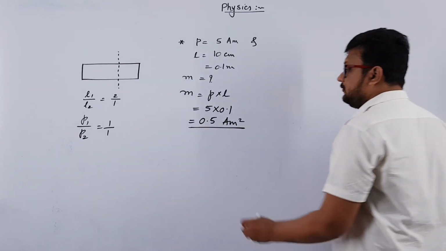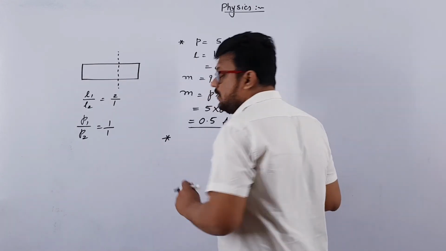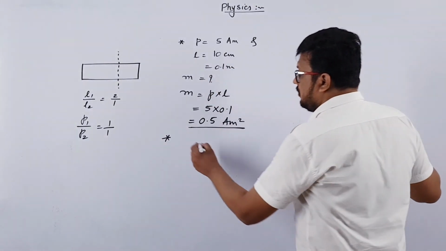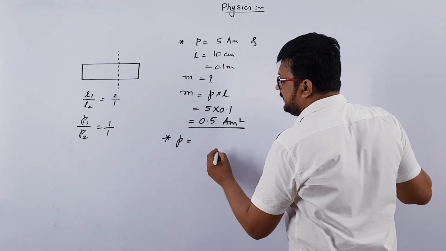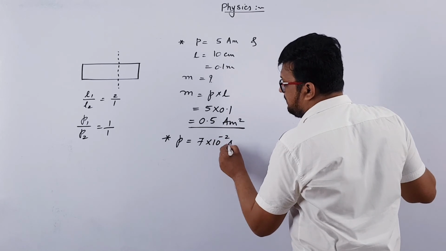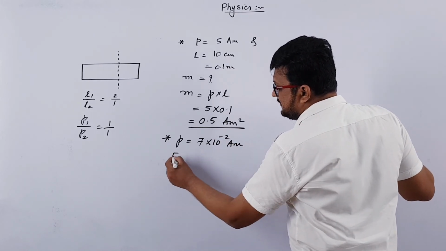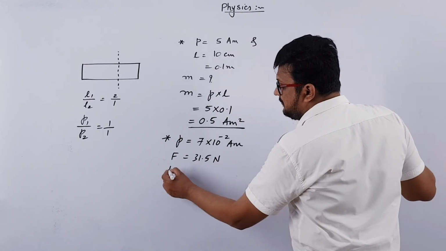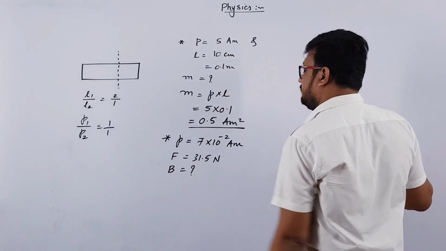Next MCQ. The force acting on a magnetic pole of pole strength P, given as 7 into 10 to the power minus 2 ampere meter, is 31.5 Newton. Then what is the magnetic field? Right.